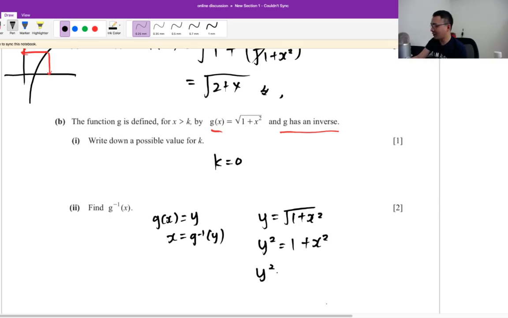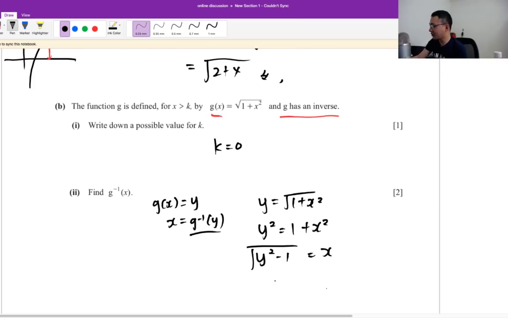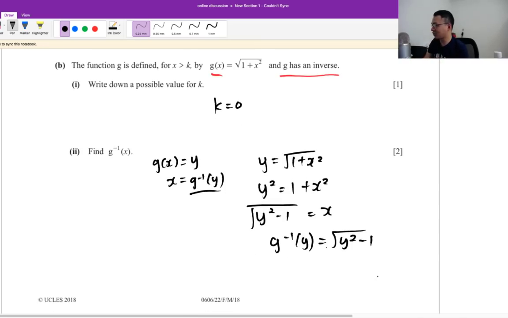So the square root of y squared minus 1 equals x. And what is my x? My x is g inverse of y, right? So g inverse of y is the square root of y squared minus 1. The question asks me to get g inverse of x, so I will get the square root of x squared minus 1.